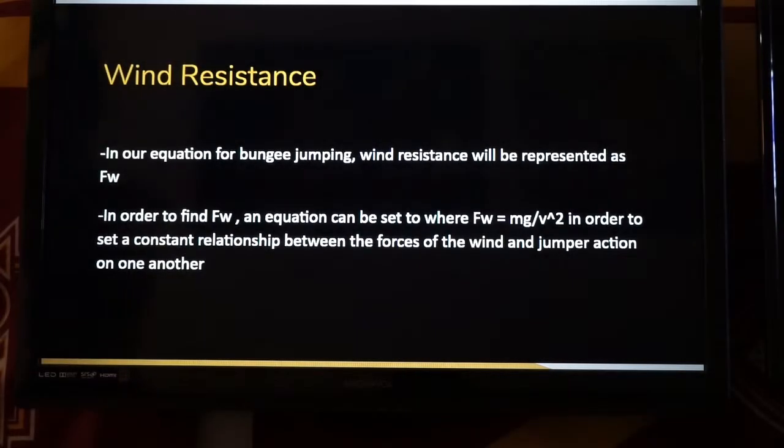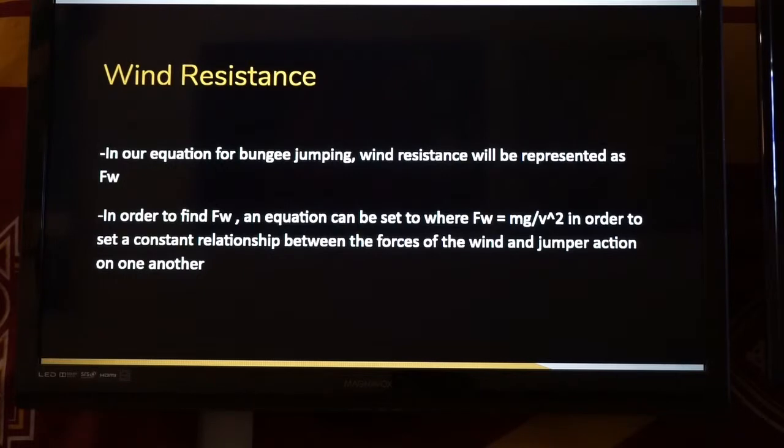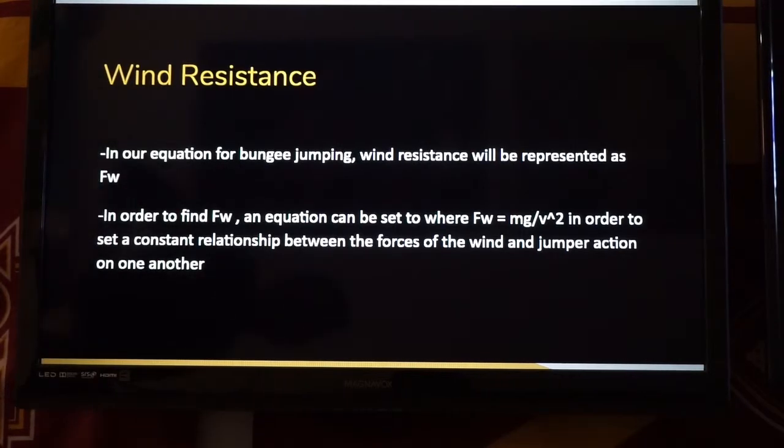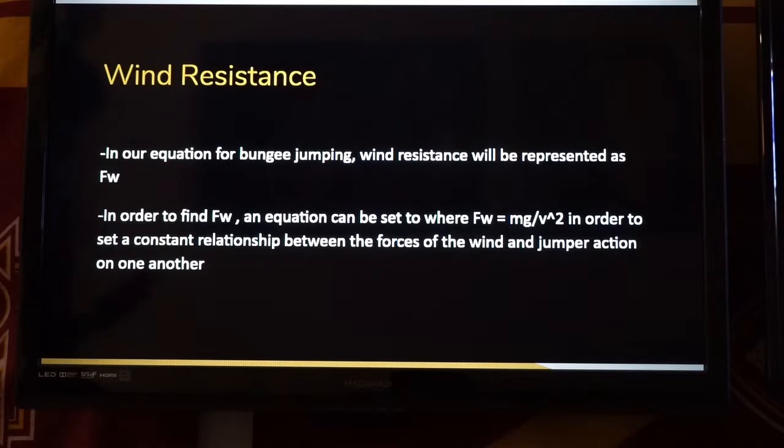As I mentioned earlier, during free fall, there is also the force of wind resistance. That is the negative reactant force acting upon the jumper as he falls through the air, because in our situation, we're not jumping in a vacuum, since we wouldn't be alive in a vacuum.